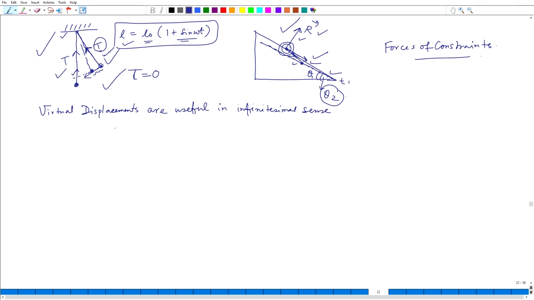That means we always write delta r. Whereas dr means that your time is evolving, and that is why your particle starting from this point may come to this point.